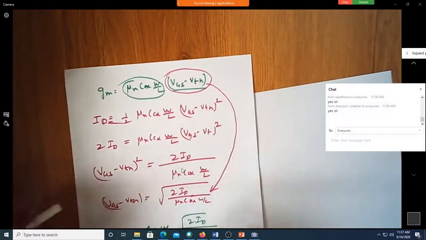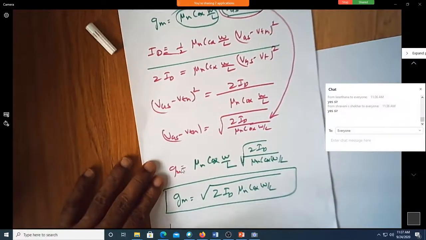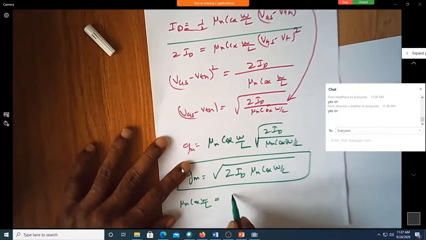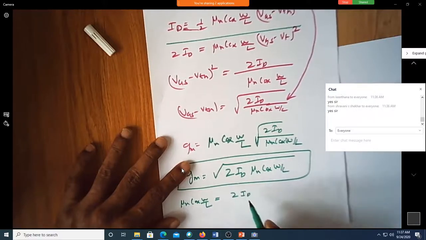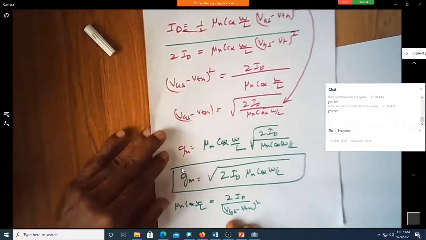How do I replace this mu n Cox into W by L using this? So can I write mu n Cox W by L as equal to 2ID by (VGS minus VTH) whole square? Can I? Yes, sir.